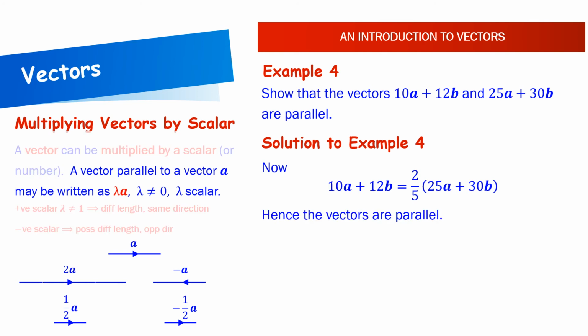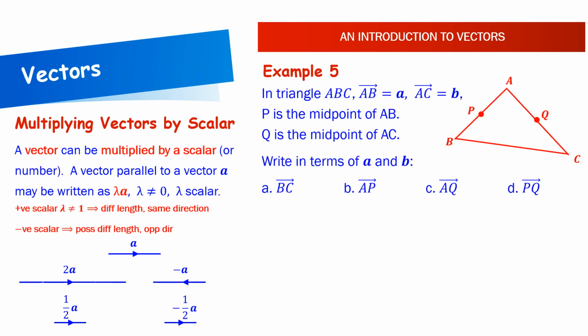And therefore, we can conclude that the vectors are parallel. Now let's have a go at another example. Pause the video and have a go. Press play when you're ready to view the solutions.